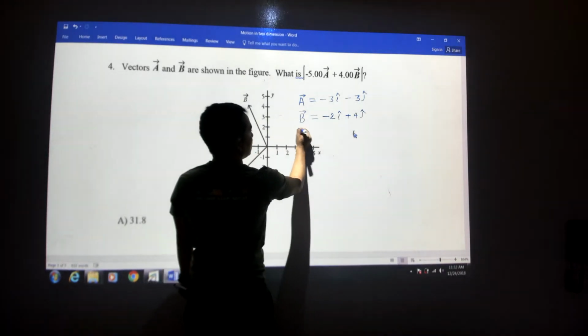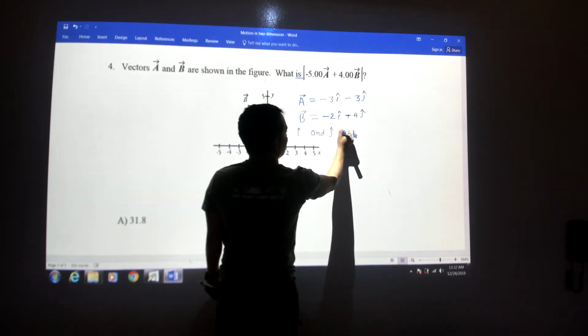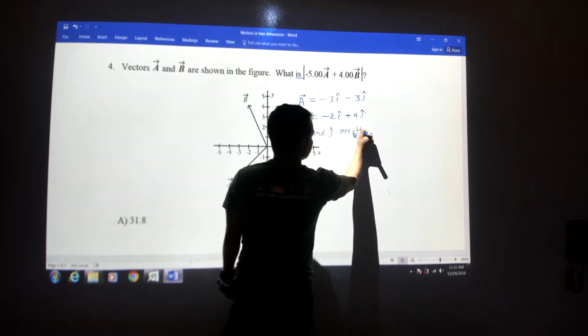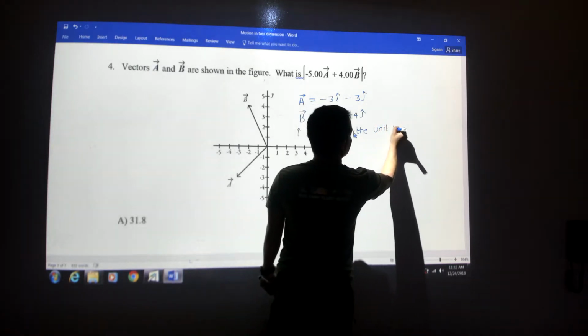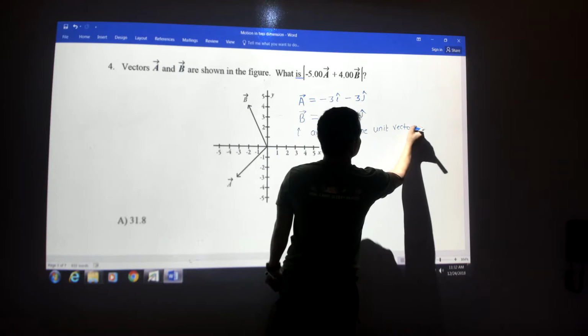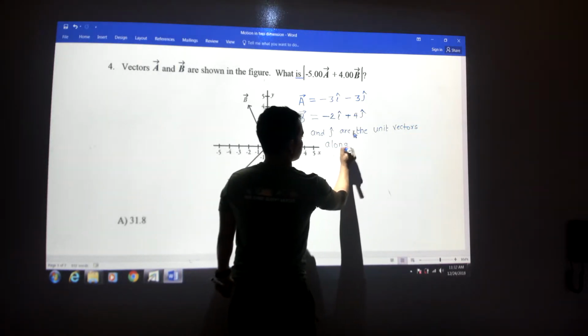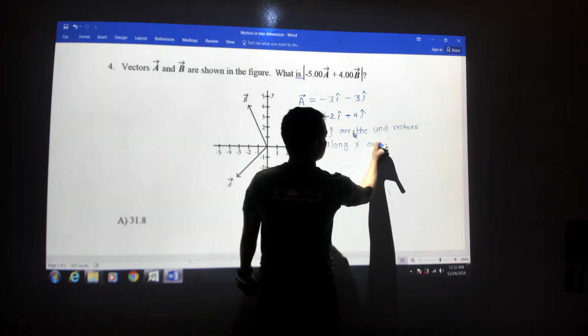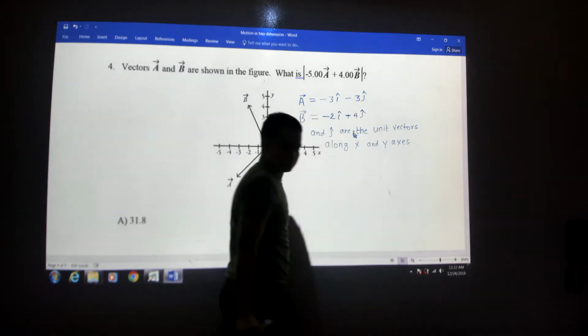Remember, i and j are the unit vectors along the x and y-axis.